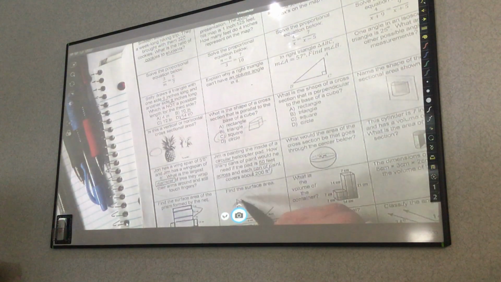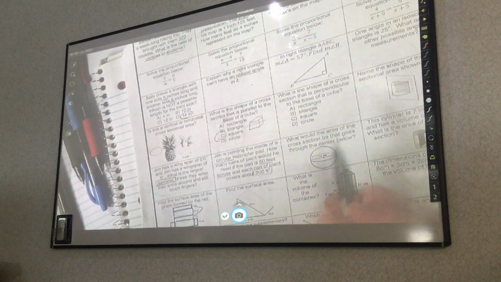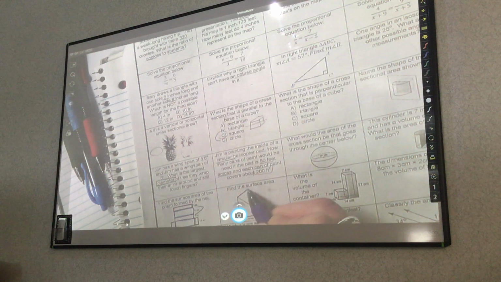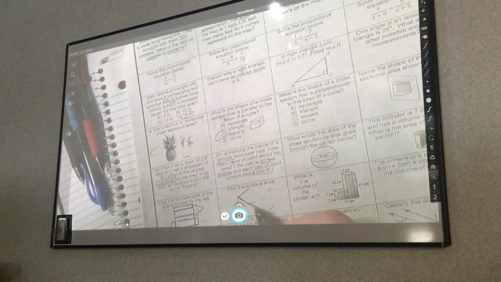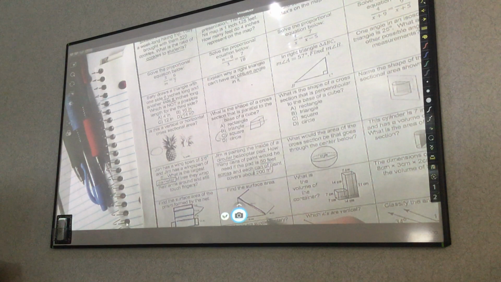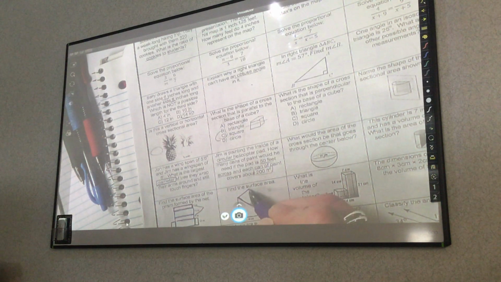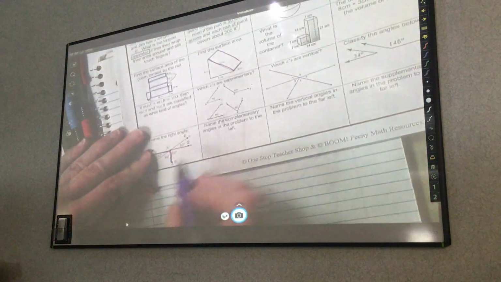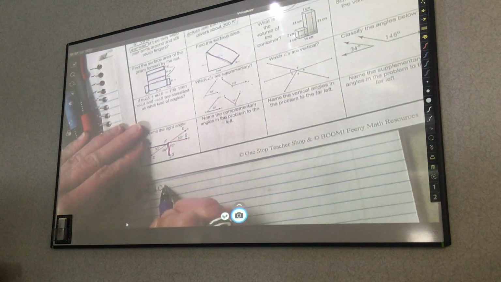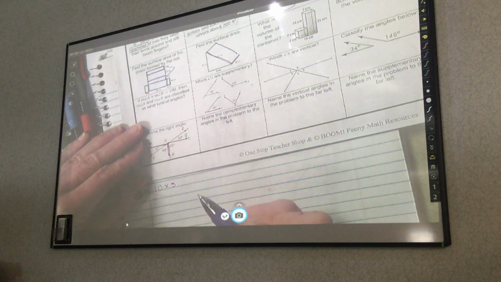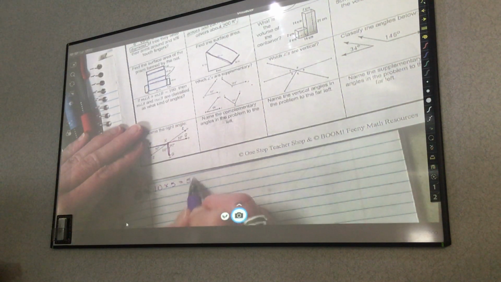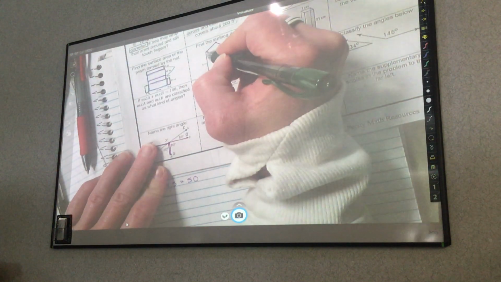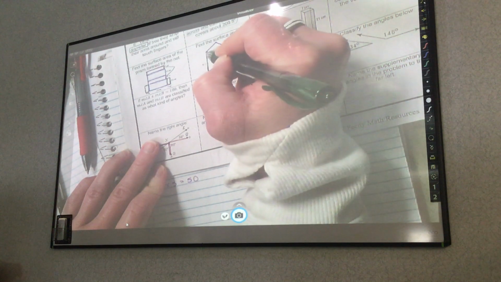We are finding the surface area. All right, let's start by finding the surface area of this one right here. So if we find the surface area of that, that would be 10 times 5, okay, which is 50. Then I'm going to find the surface area of this triangle.